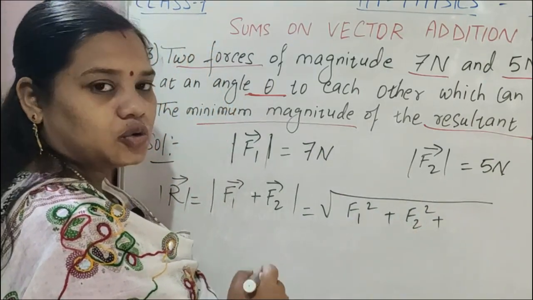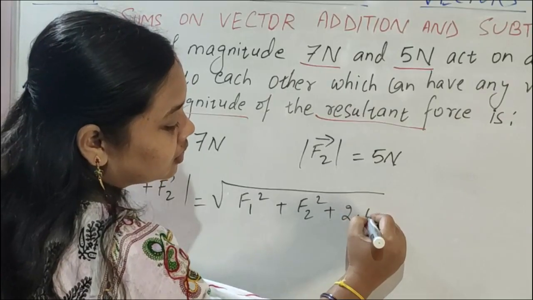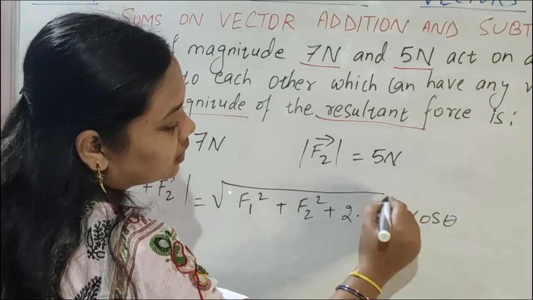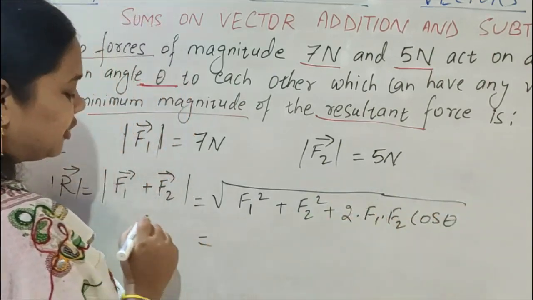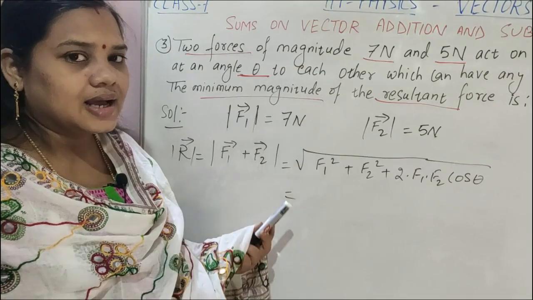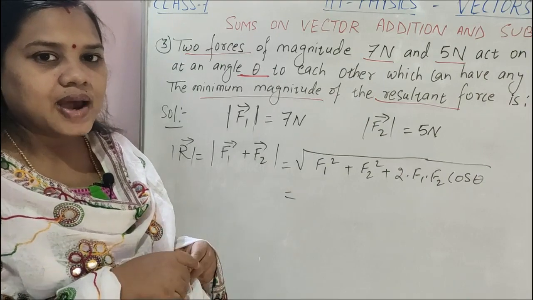Square root of a square plus b square plus 2ab cos theta. Is it, no, children? When you add two vectors, if you forget the law, just turn the pages and see back.